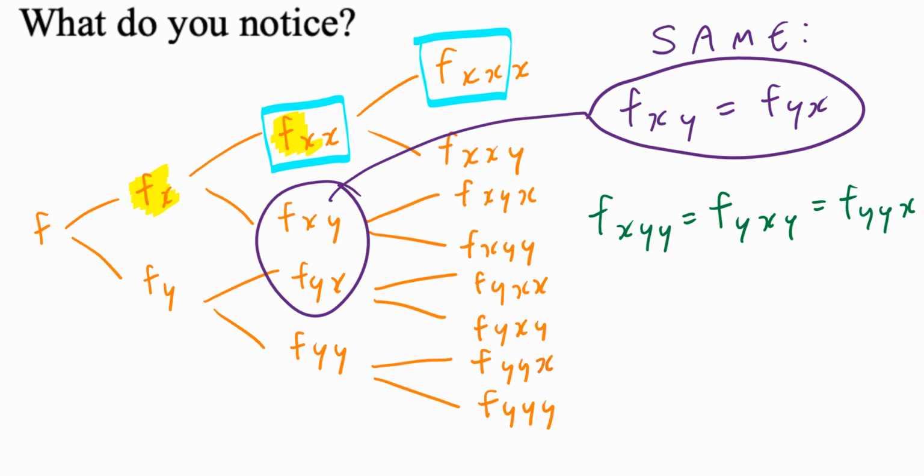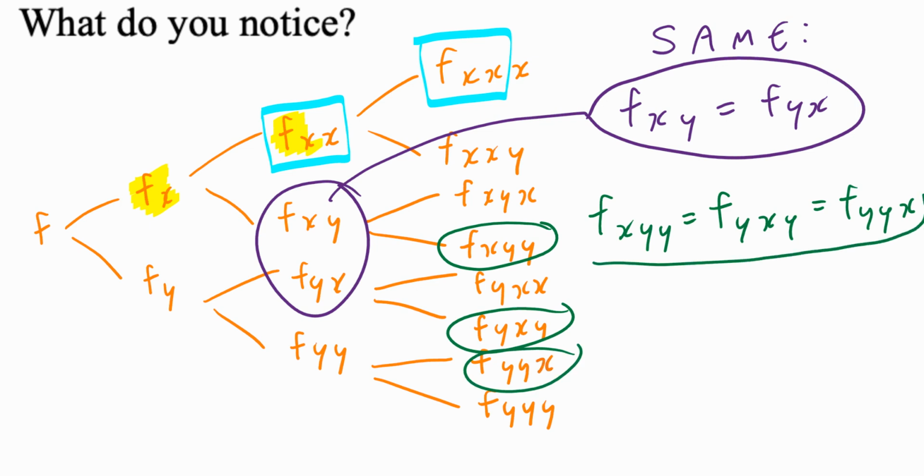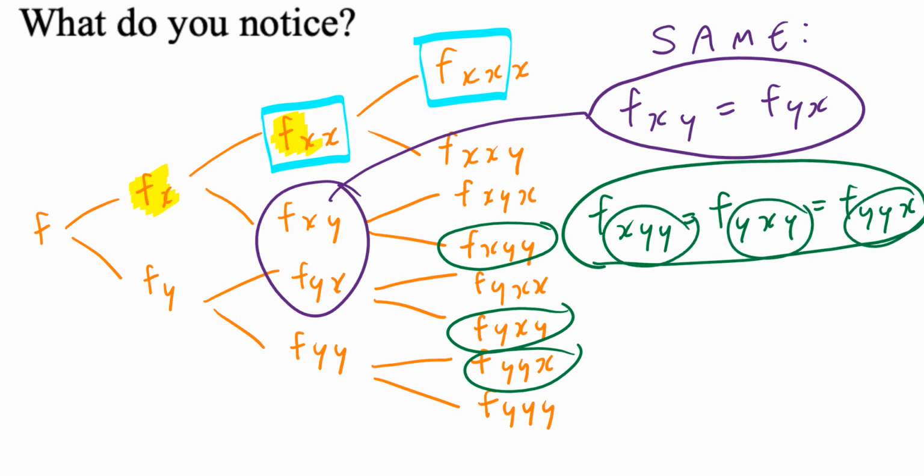So again, if I look at this from the tree diagram, I'm looking at xy and yx. These are the same. Now, what do you notice? In the first case, xy and yx are the same, just in a different sequence. Just like in this case, xyy, yxy, yyx, they're the same, but in a different sequence.